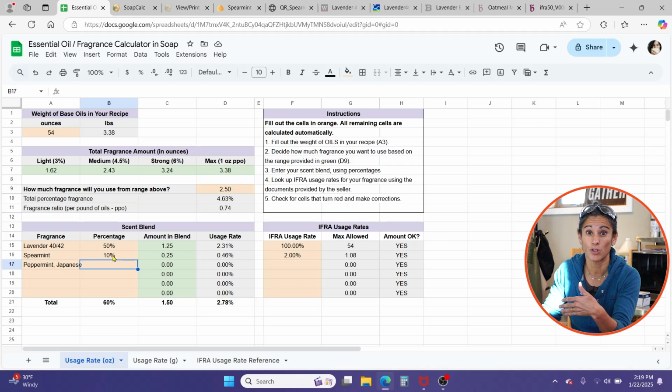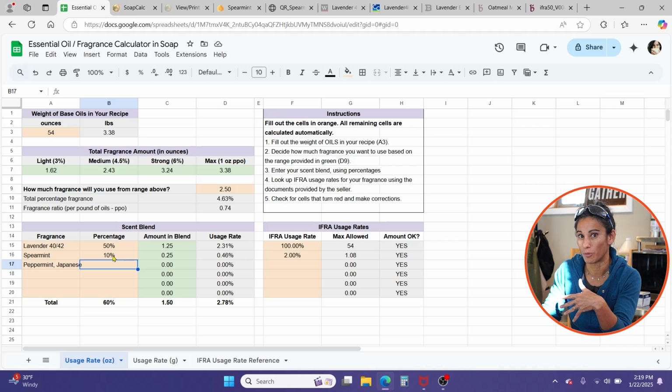So sometimes the usage rate actually correlates with how strong a particular fragrance is. Like in this case, I don't think I'd ever want to use more than 2% of spearmint anyway. So it kind of works out for a lot of essential oils. Some of them are a little bit disappointing, like lemongrass, for example, has very low usage rate now since the new regulations came out.